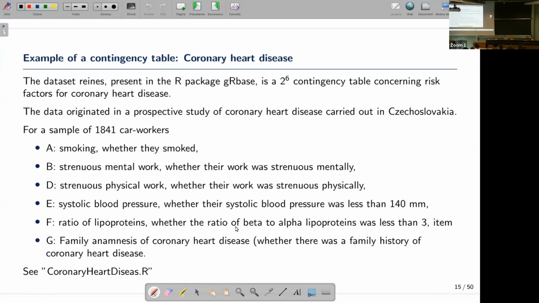So this combination, 0, 0, 0, has been present 50 times, so 50 subjects have this combination in my data set. Then 100 subjects have the second combination, and so on. At the end, the sum of your frequencies should give you what? The number of subjects that you interviewed, right?